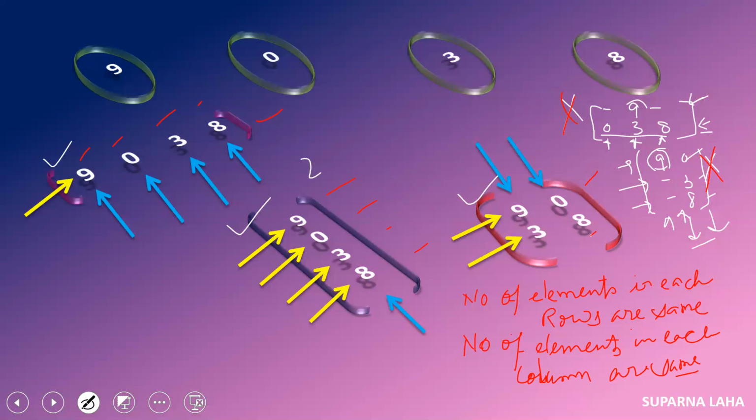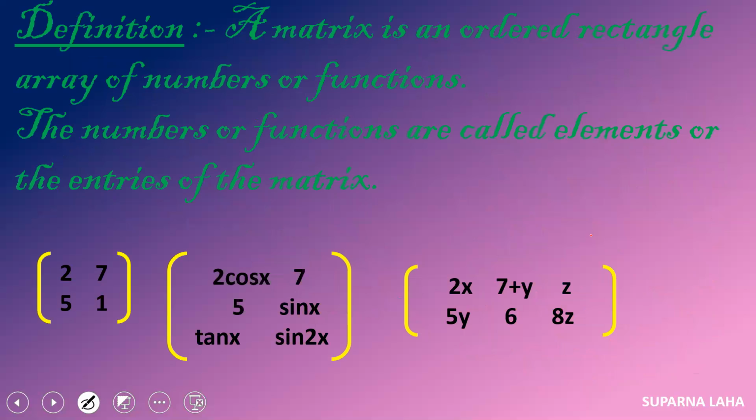So let's check the definition of a matrix. A matrix is just an ordered rectangular array. That means if we can arrange the numbers in a rectangular array form, or row column form, we will call this representation a matrix. And the numbers we are taking for representing this matrix are called entries or elements.